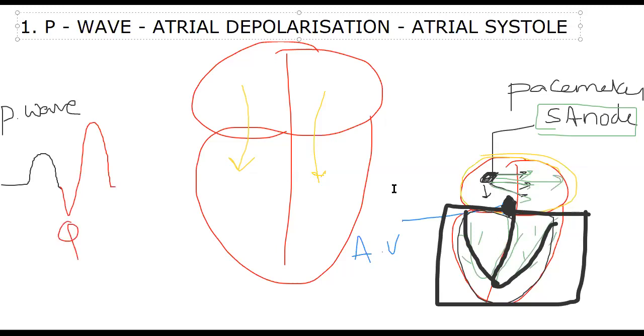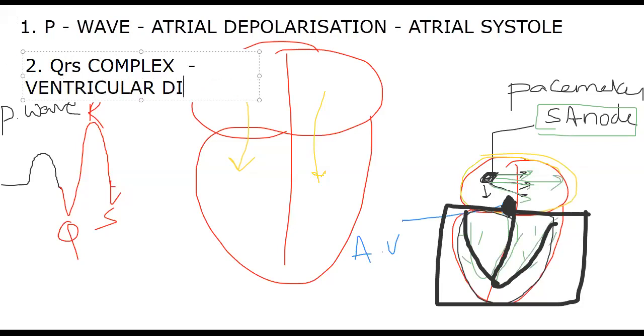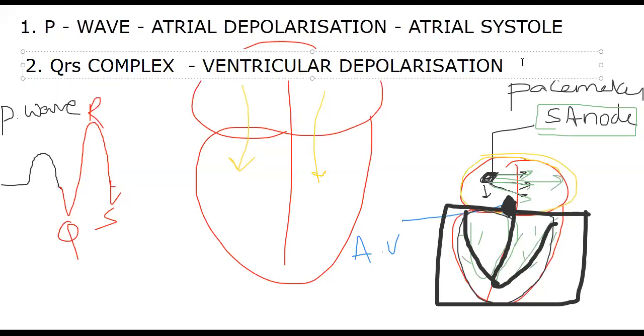This is Q, R and S. The QRS complex indicates ventricular depolarization, which means ventricular systole, which means the contraction of the ventricle.